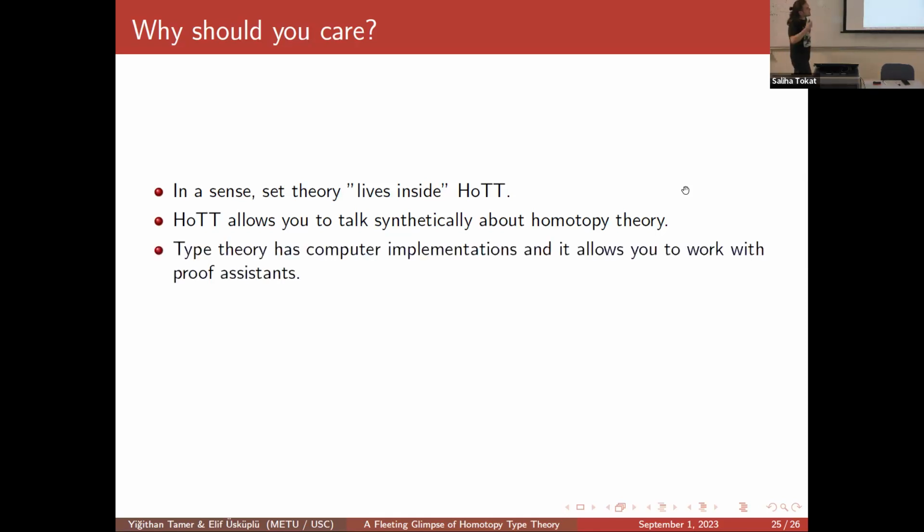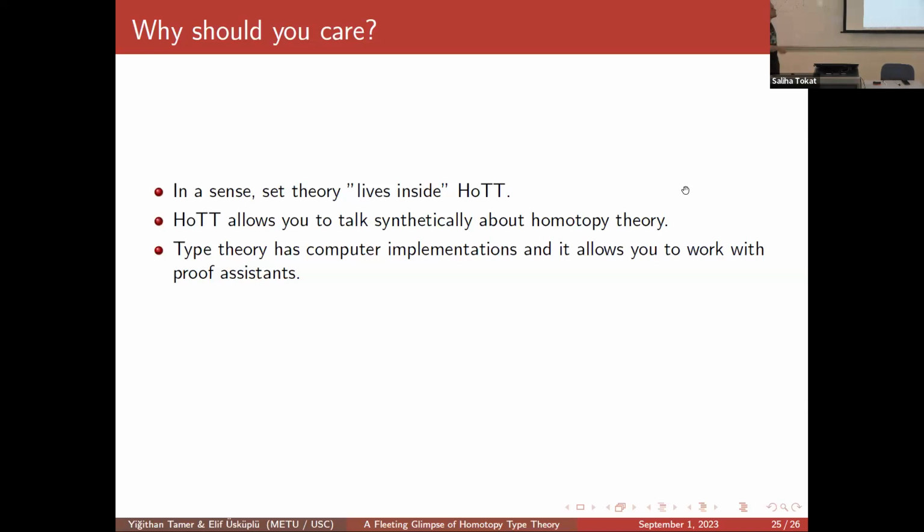Now, set theory was invented long before computers were a thing. So most proof assistant implementations have been in the form of type theory. If you're trying to formalize a theorem, I think you will find proof assistants that use some sort of Martin-Löf type theory in HoTT much easier to work with.